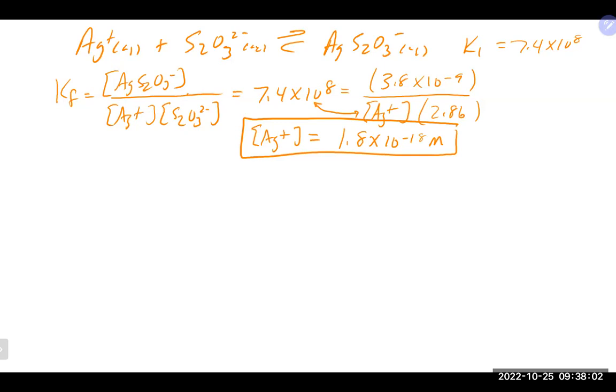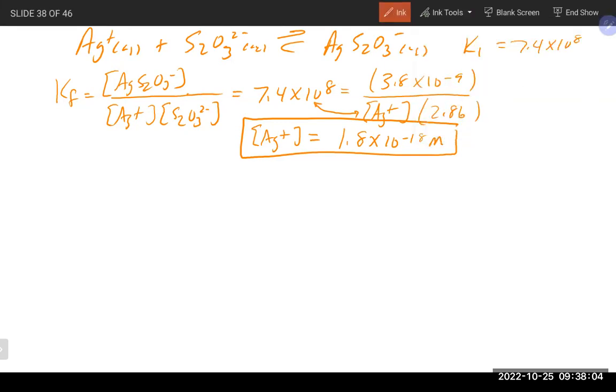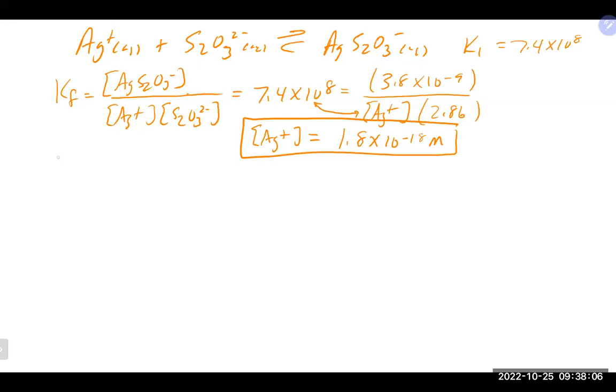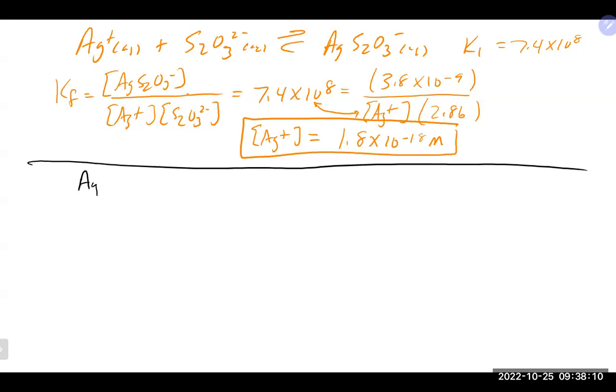The alternative approach, which maybe some of you took, was after you did the first table there where we added it together, we had our silver plus a couple of these guys, making our complex ion here.